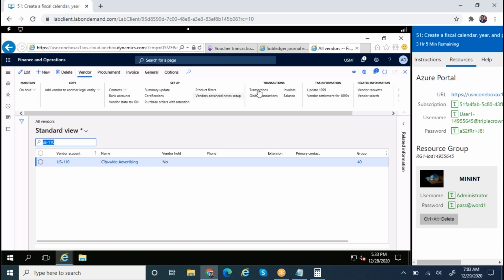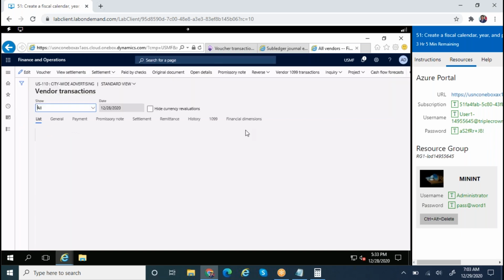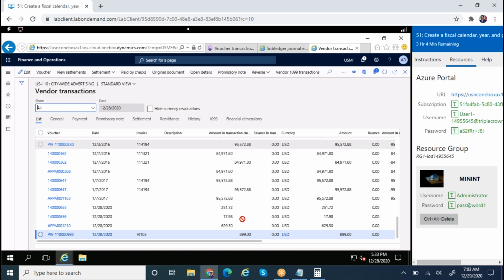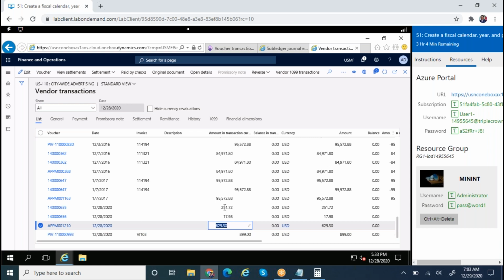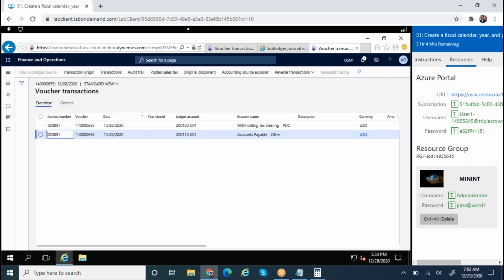So for this vendor account, if you look at the transactions, there will be 3 transactions. Look at this one. It is 899, the 629.30 only is the transaction, and 251.72 is withholding tax. This is withholding tax. Understood?